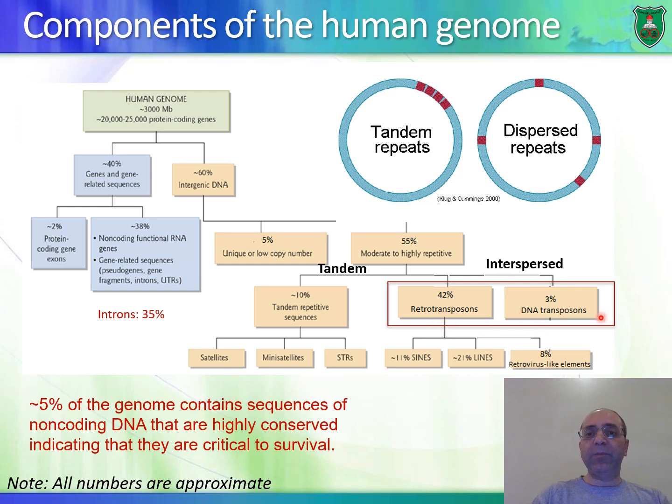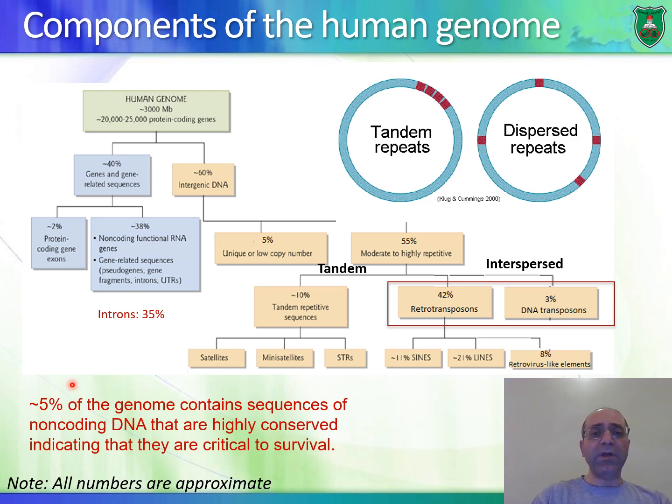About 3% of the human genome is DNA transposons. If you look at the retrotransposons, a large portion is long sequences, about 13% is short sequences, and 8% is retrovirus-like elements. And we'll talk about all these as well.